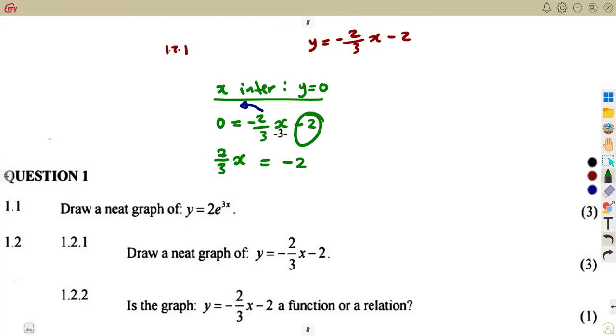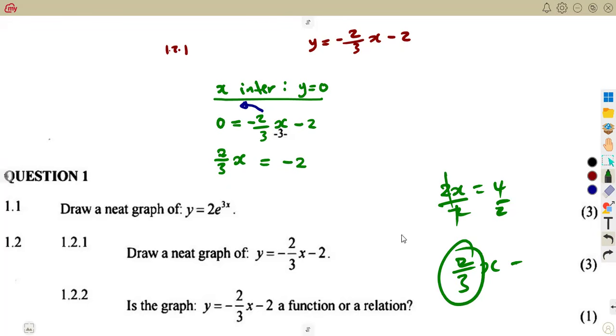This is just a number, guys. If you're given 2x is equal to 4, how do you find x? You simply divide by 2. So even if you're given 2 over 3x, this is just a number like 2 over 3. You can even divide by that number. Simply divide by 2 over 3 here.